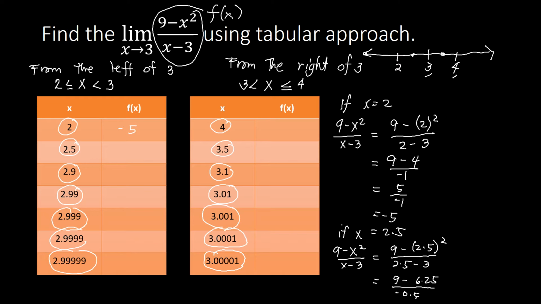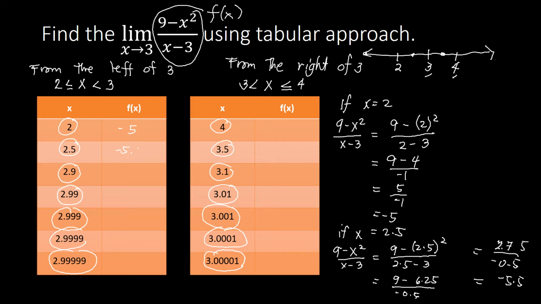So simplifying that further, we have 9 minus 6.25, which is 2.75, over negative 0.5. So 2.75 divided by negative 0.5 will be equal to negative 5.5.